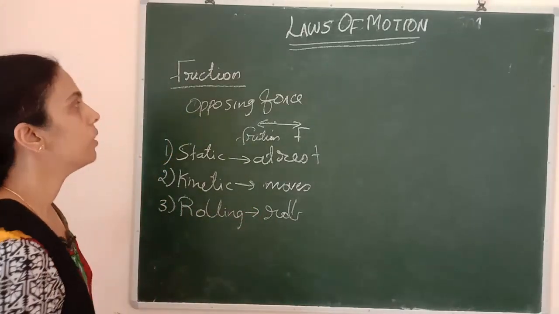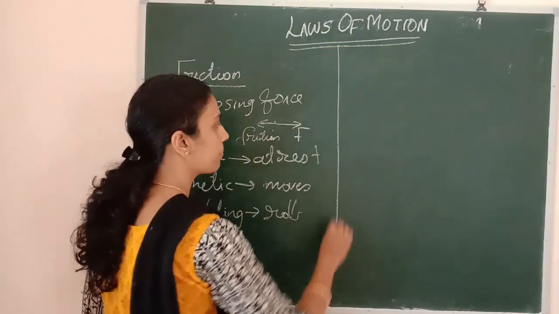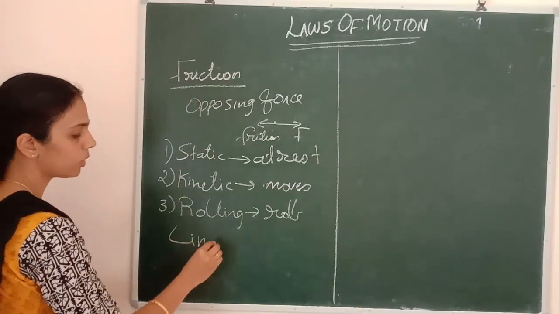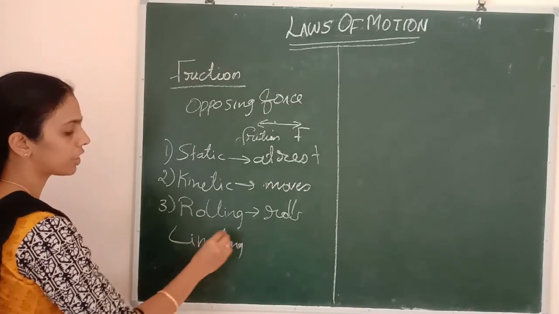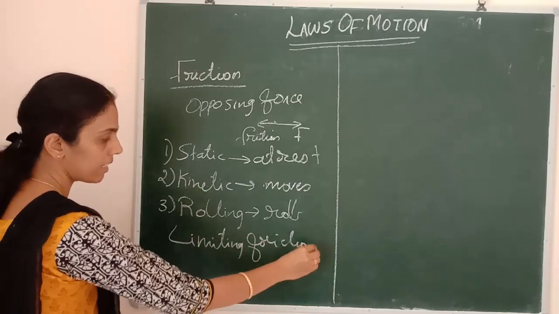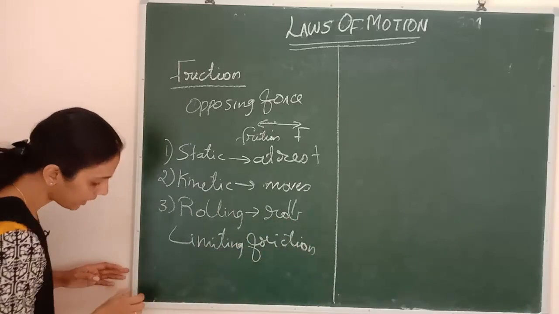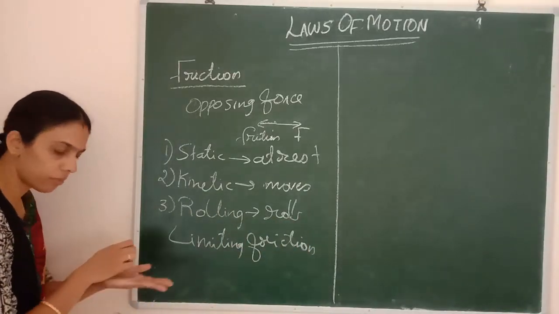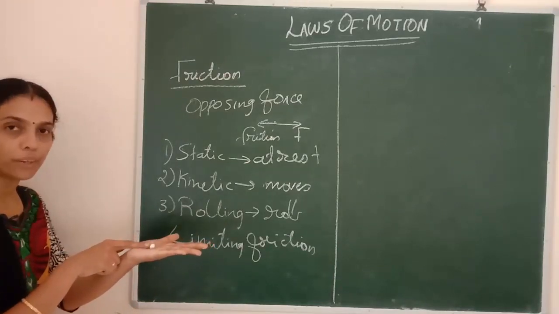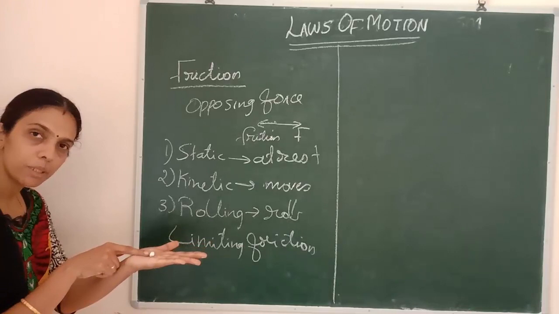Okay, now we are going to study one more friction, limiting friction. What is meant by limiting friction? See, I am applying a force on one object. It's not moving. Okay, I am applying a little bit more force.